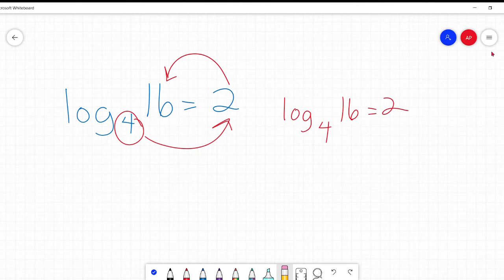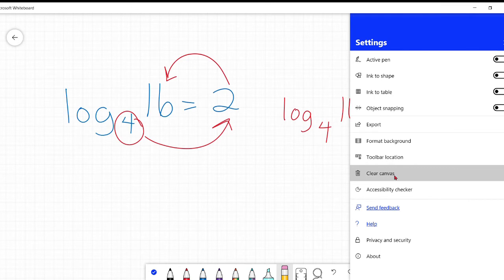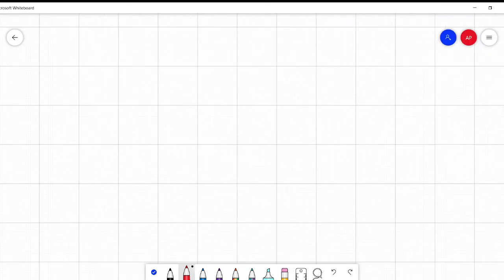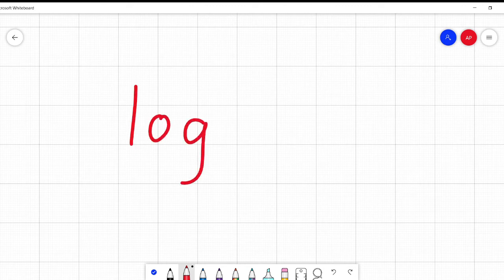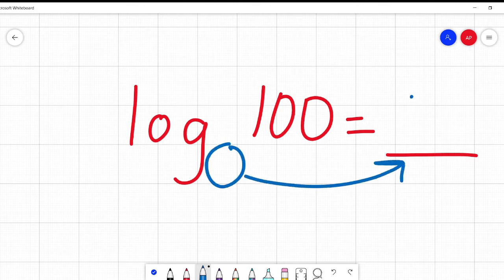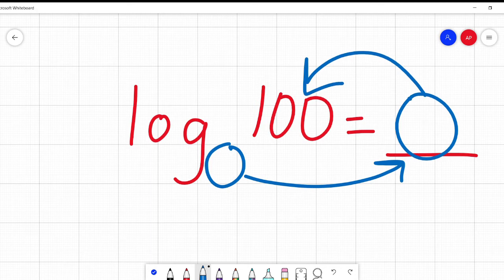Okay. Now there's a couple of things. You may see something like this: log 100. And you're like, how am I supposed to do that? Because I'm trying to figure out this number to this power equals 100.